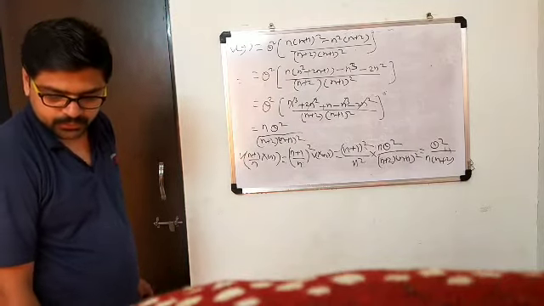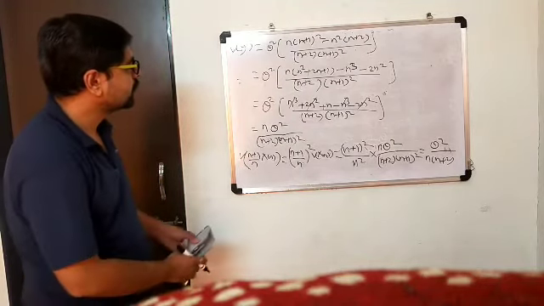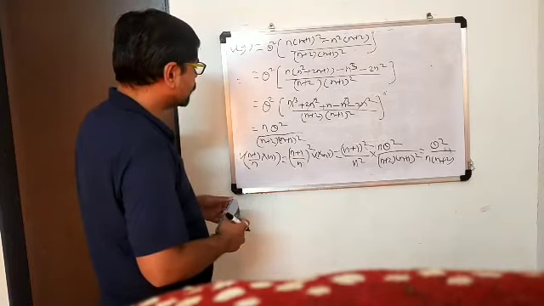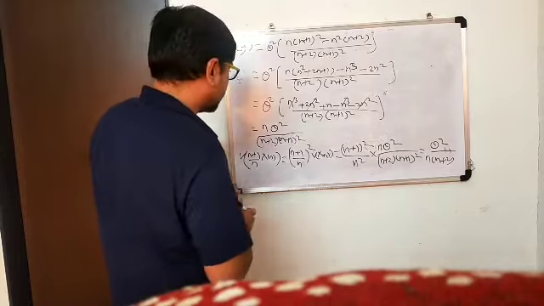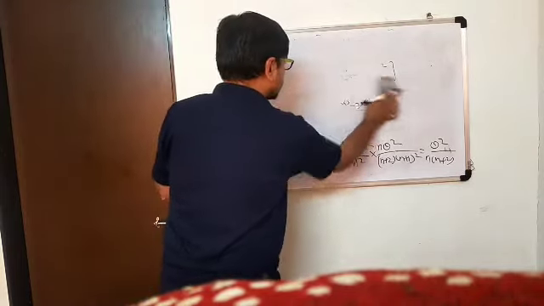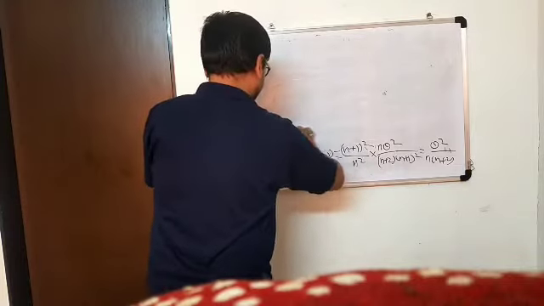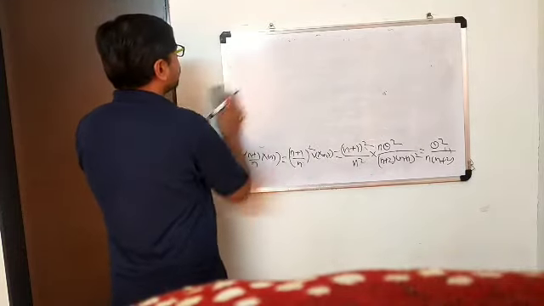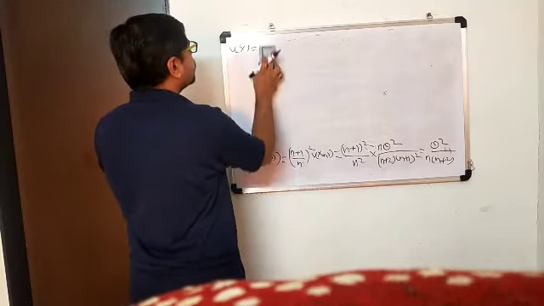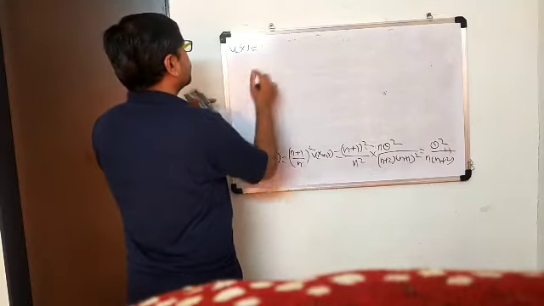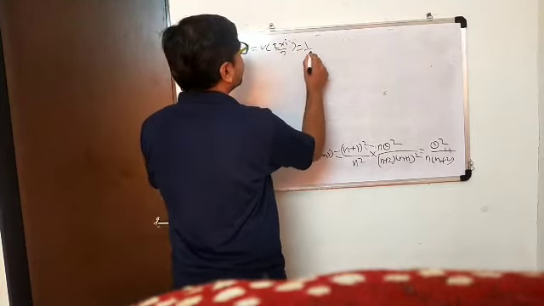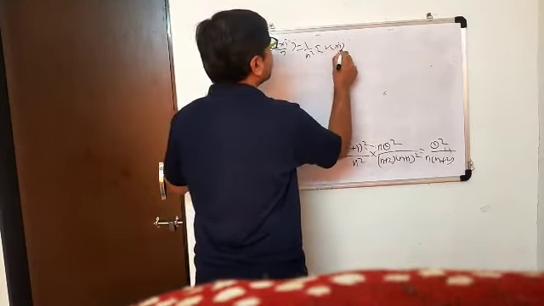So now we have to go for calculating the variance of x bar. Variance of x bar is the variance of summation xi upon n, 1 upon n square into summation of variance of xi.